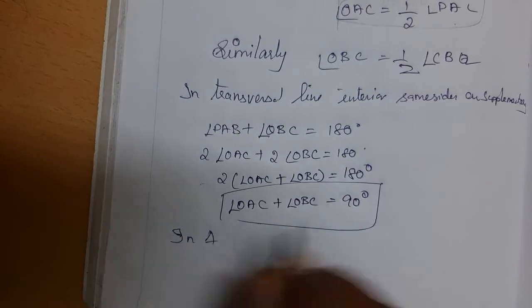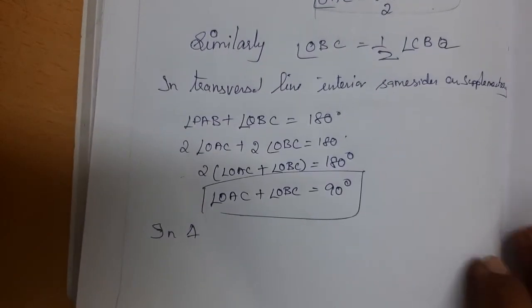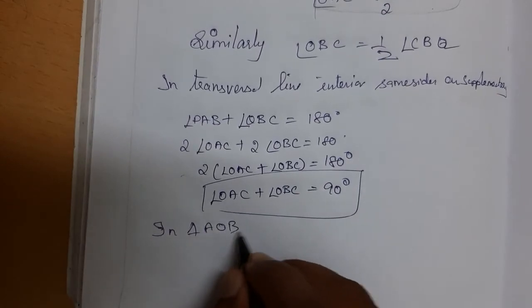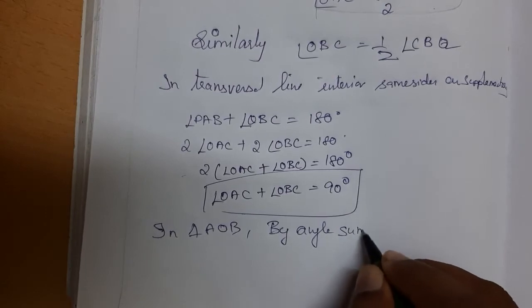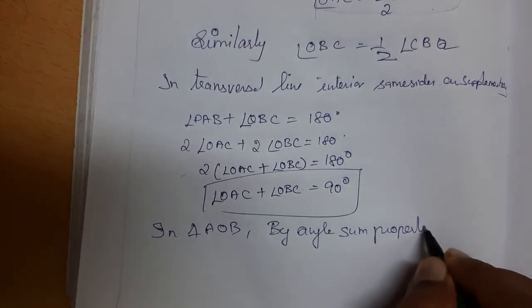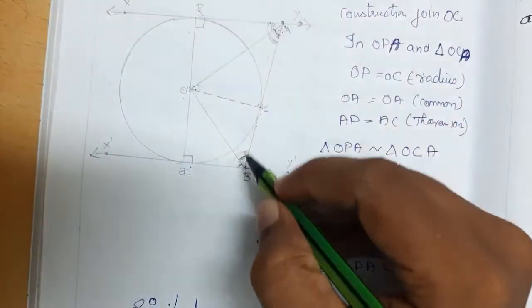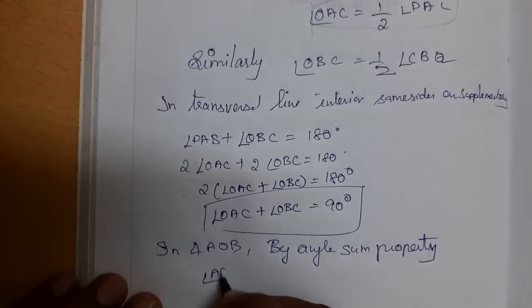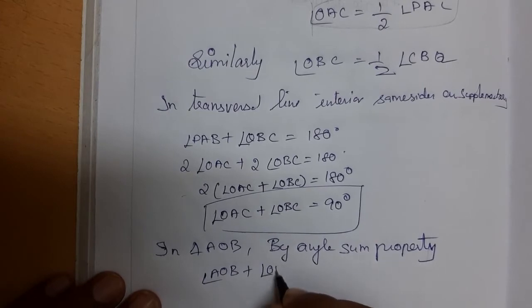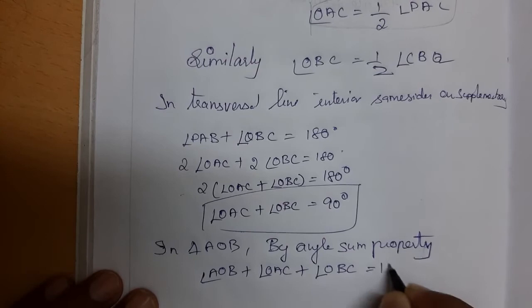Now we are going to take this triangle AOB. By angle sum property, we can say that the sum of the 3 angles, angle AOB plus angle OAC plus angle OBC, is equal to 180 degrees.